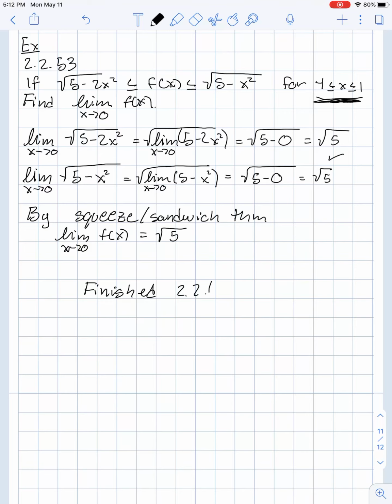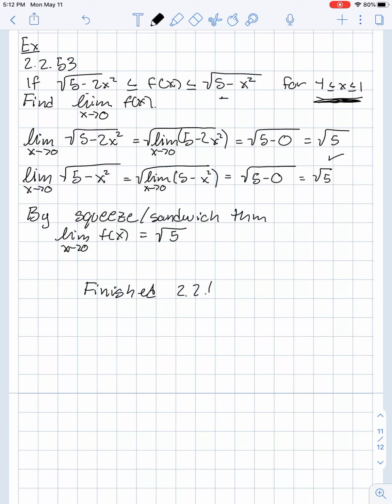I have that these three functions are less than each other, one by one, on this small interval. So then I need to see if each piece of bread has the same limit. So I take the limit of the square root of 5 minus 2x squared as x approaches 0.